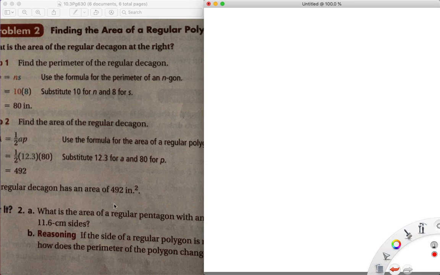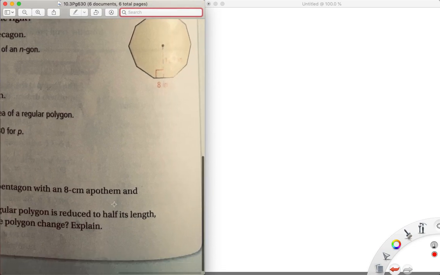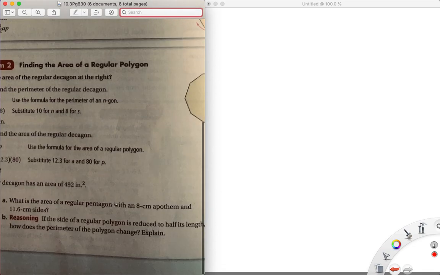Okay, so the problem that they give us here is we have a regular pentagon, rather, with an 8 centimeter apothem and 11.6 centimeter sides.